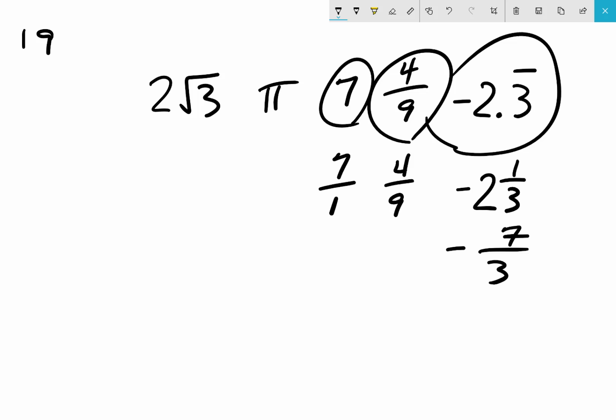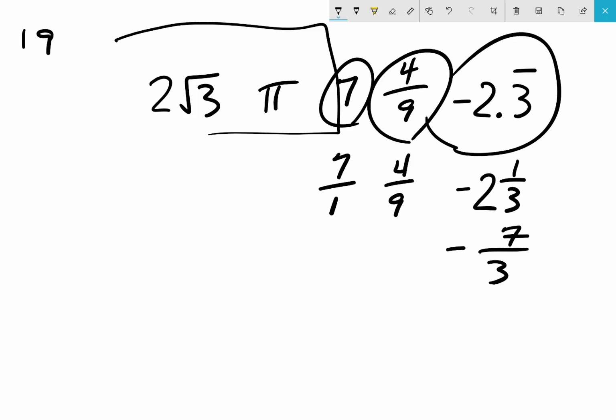2 square root of 3 and pi are non-repeating, non-terminating decimals. That's what an irrational number is. It cannot be written as a fraction with an integer in the numerator and an integer in the denominator. Anything that can be written that way is going to be either a decimal that ends, that stops, or it's going to be a repeating decimal.